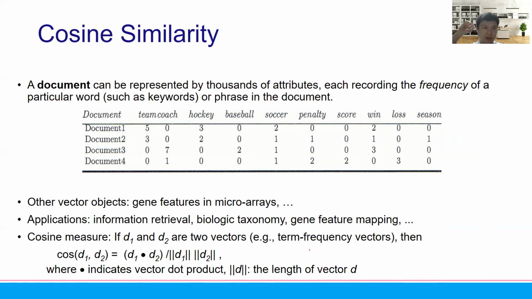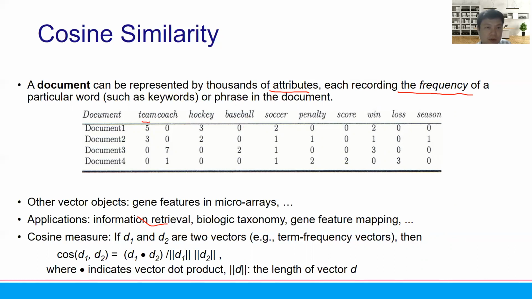There is another kind of measure. We call it cosine similarity. In the cosine similarity, it usually refers to documents. As we already learned from the previous video, a document can be represented by thousands of attributes, and each records the frequency, meaning the number of times a term appears in the document.